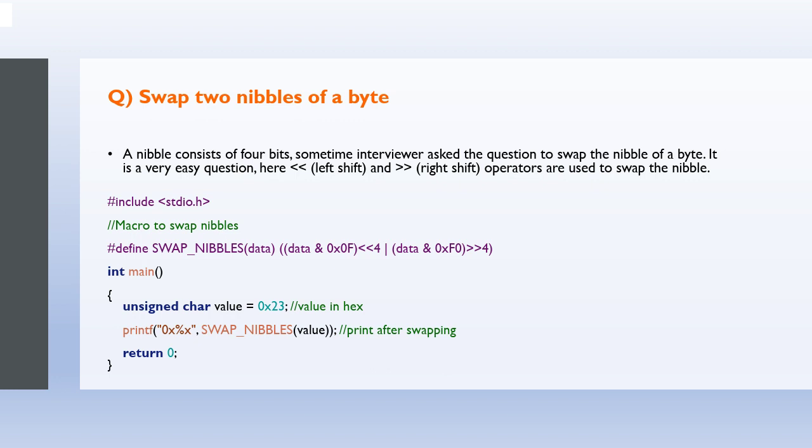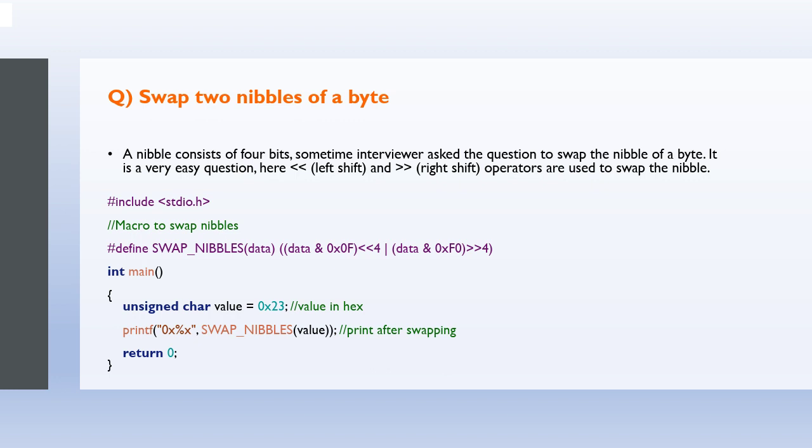Left shift and right shift and perform an OR function, as simple as that. Here the masking is for the right nibble, 0x0F, and then for the left nibble, 0xF0.